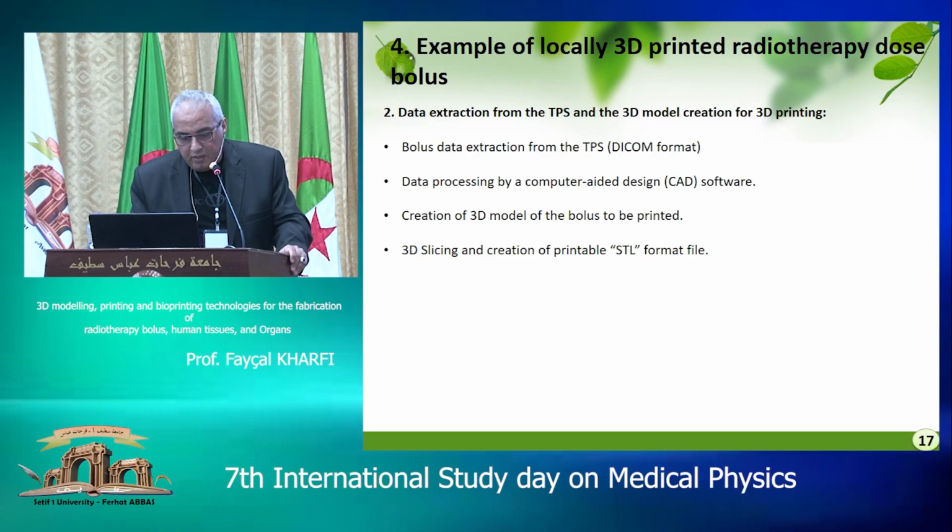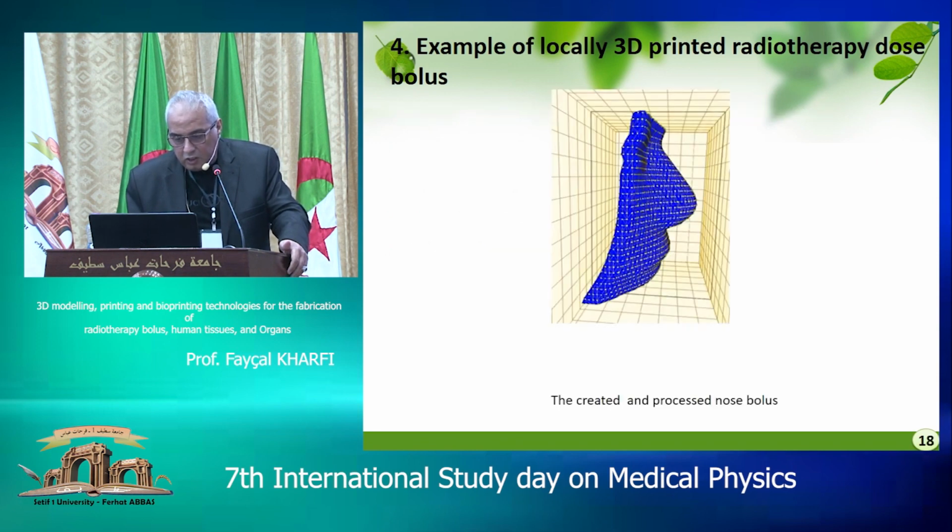The third step is the creation of the 3D model of the bolus to be printed, and the last step is the 3D slicing and creation of a printable STL format ready to be printed. Here I just show you the model created for the nose bolus.